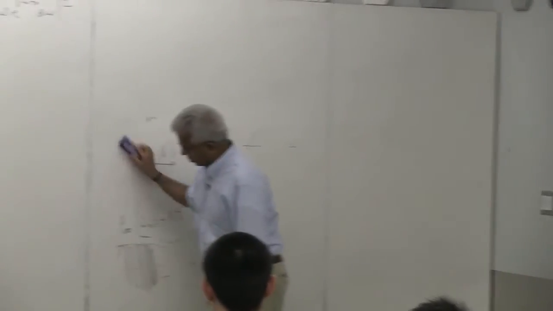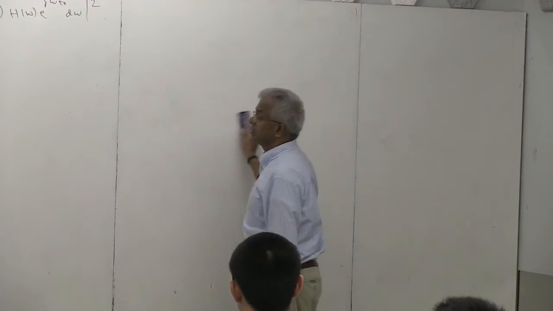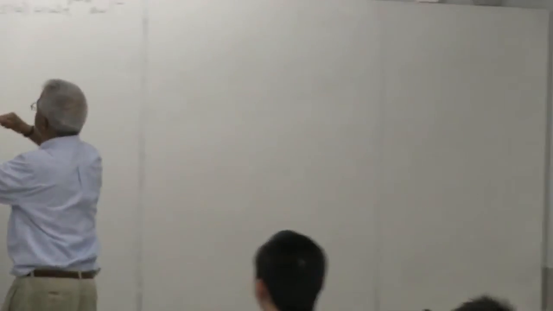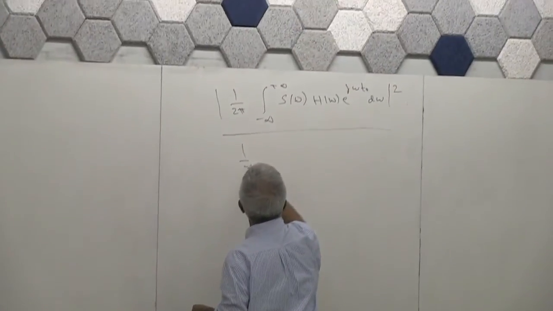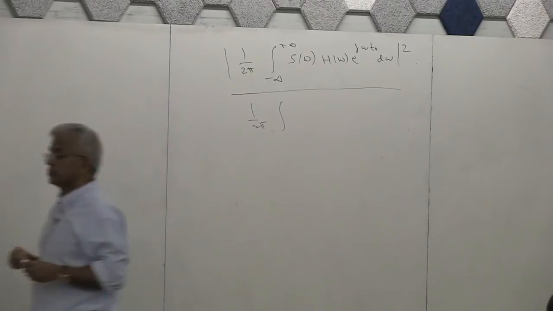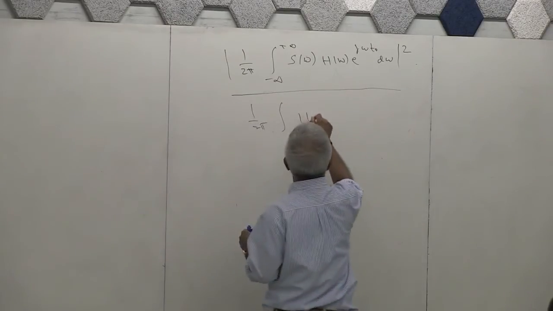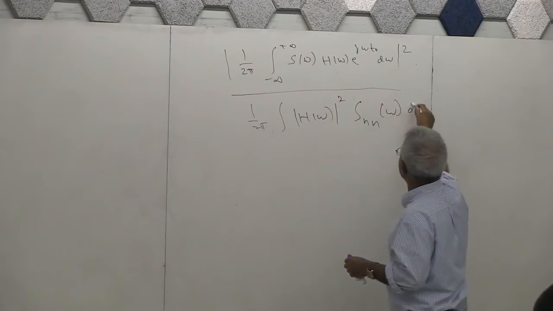I do have a couple more topics that I need to go over, but let me do the colored noise here. The same thing, remember we did this for white noise, right? So the original expression was, if you remember, 1 over 2 pi, you had H(omega) squared, but you also had Sn(omega) d omega.